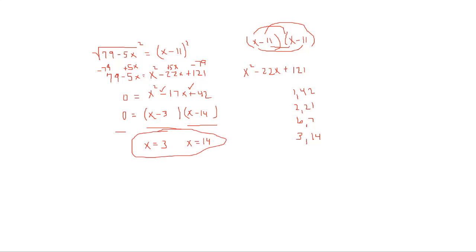And let's check this using Desmos. Let's slide over and take a look on Desmos here. Remember, on the left-hand side of the equation, we have the square root of 79 minus 5x. So we graph that. And then on the other side, we had it set equal to x minus 11.